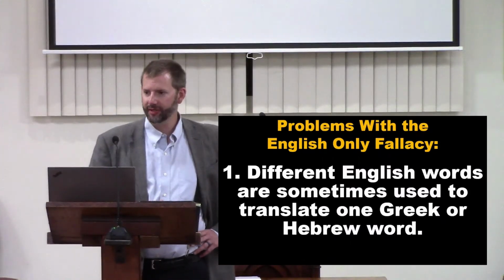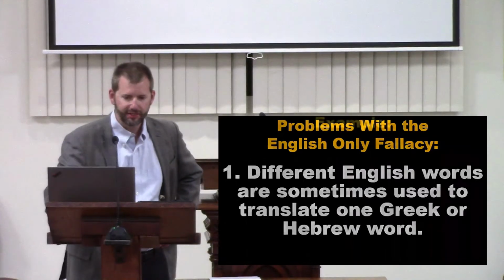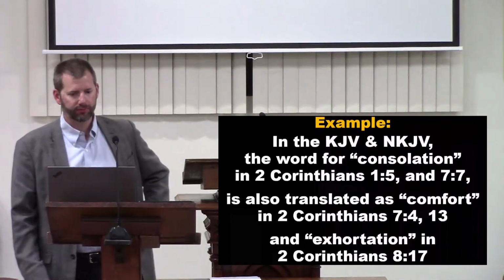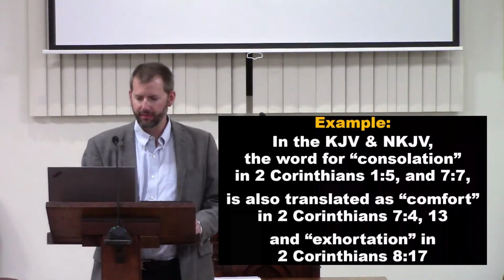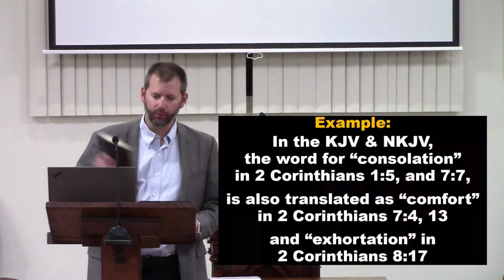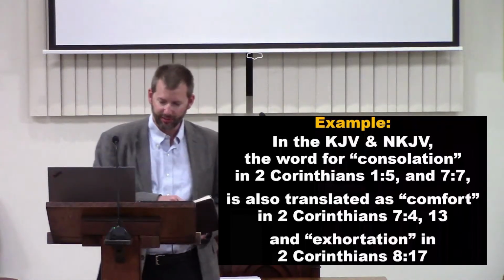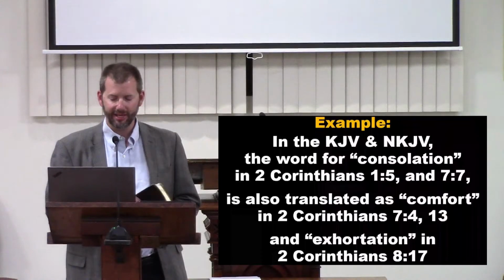So if we just look up the English definition, we might get confused. So here's an example of this. In the King James and New King James, the word for consolation in 2 Corinthians 1:5 and 7:7, I'll read this and then we'll get to the passages. It's also translated as comfort in 2 Corinthians 7:4 and 13, and exhortation in 2 Corinthians 8:17.